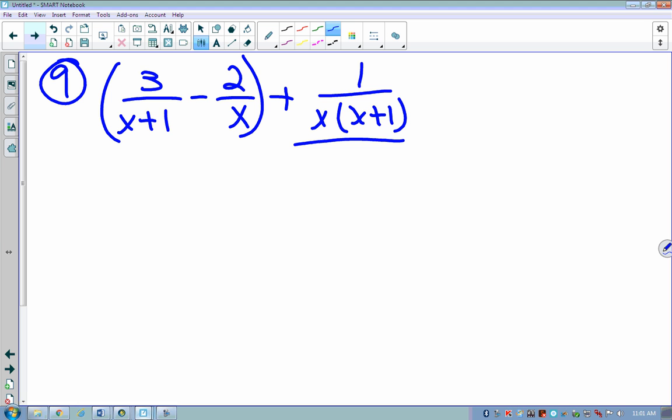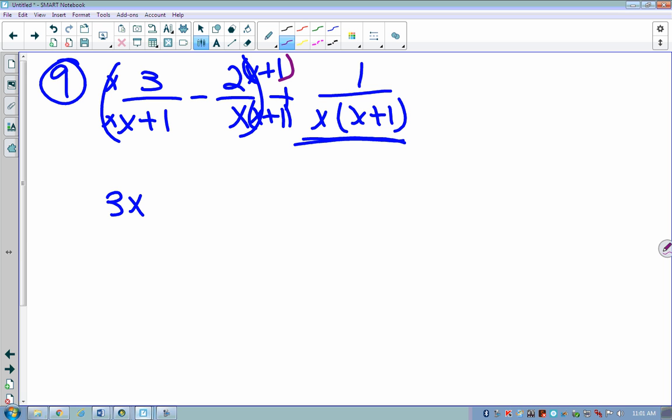So on this one, I'm going to have to multiply by x over x, and in this, I'm going to have to multiply by x plus 1 over x plus 1, which is this denominator. In so doing, I am still getting a common denominator between all three, correct? So here I'm getting 3x minus, now notice here I have to distribute, and I'm going to be working with purple.